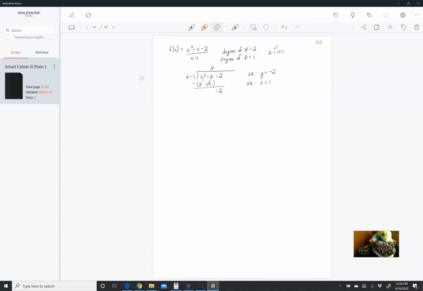Okay. Let's take one last one. Let's say that we have f of x is equal to 3x squared plus 1 over x. Again, the degree of the numerator is 2. 2 is equal to 1 plus 1. So we do have a slant asymptote.